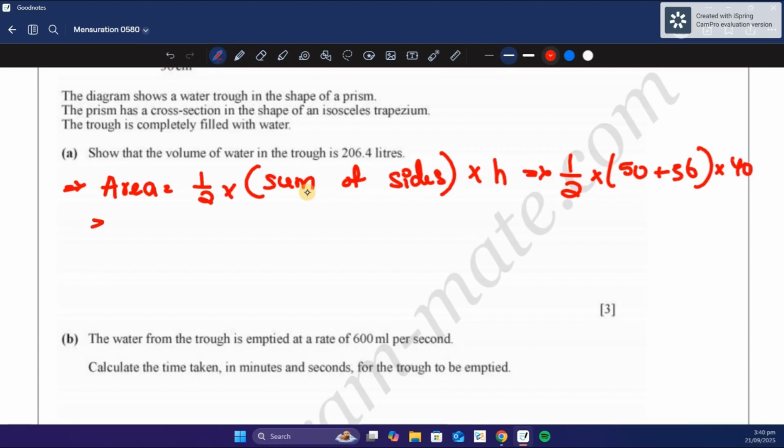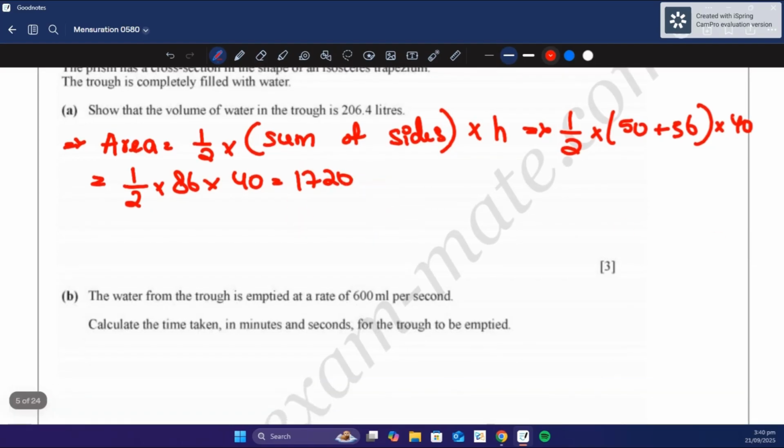That would give us 1 over 2 into 86 into 40, and that should give us 1720. Alright, that's the area.